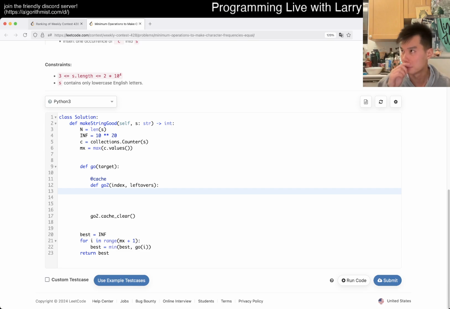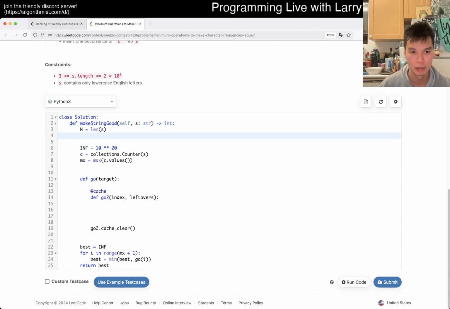What else is there? Yeah, maybe that's it. I want to convert this to characters or numbers.